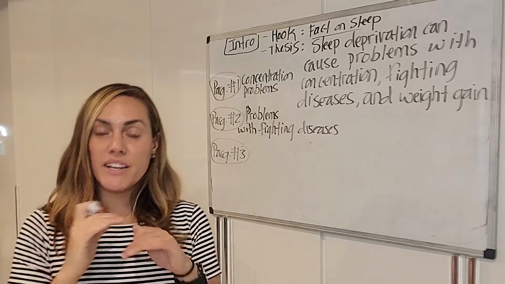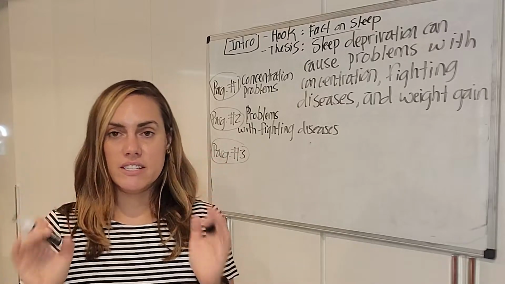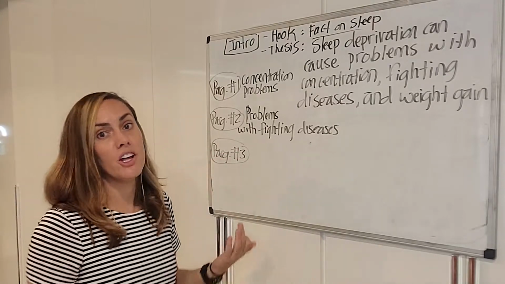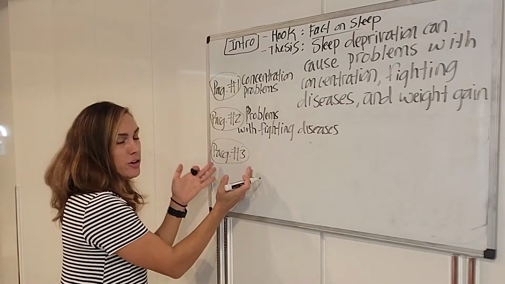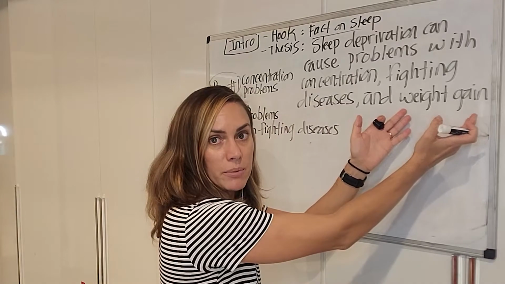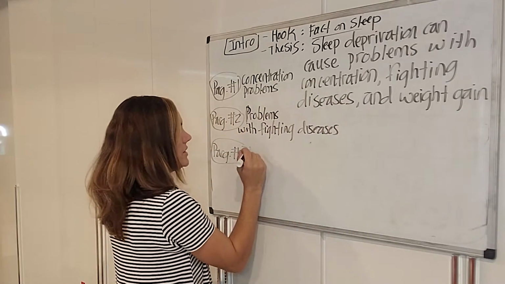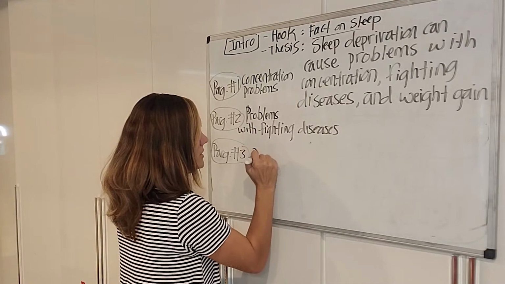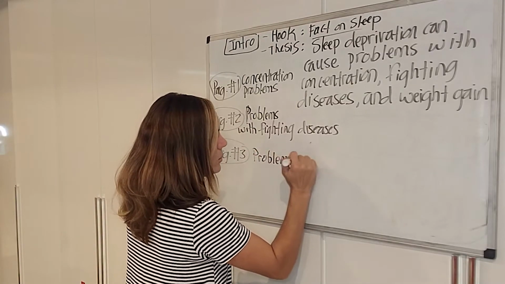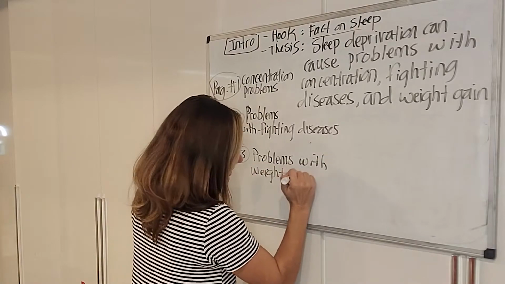And of course, I'm going to develop that idea in a nice paragraph with a topic sentence and supporting points and maybe a concluding sentence. My third point of my essay is that sleep deprivation can cause issues with gaining weight. Okay, so then I'm going to write problems with weight gain.